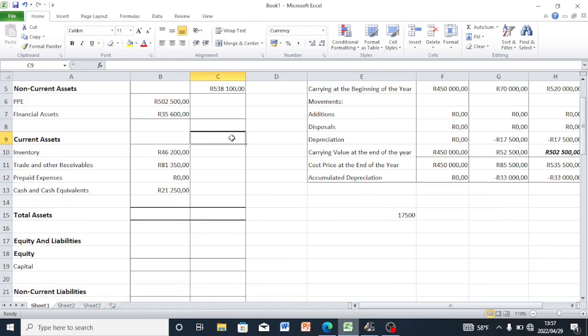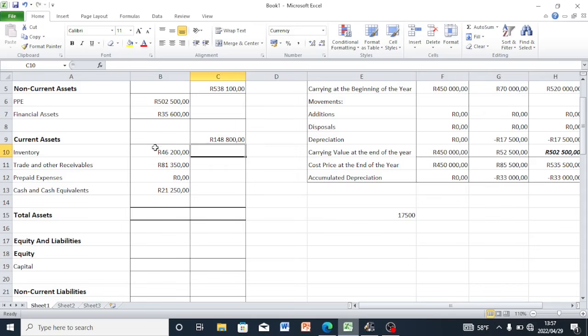What's left for us is just to totalize everything. Okay, let's just say 46,200 plus 81,350 plus the 0 plus 21,250, which is then going to give us 148,000.